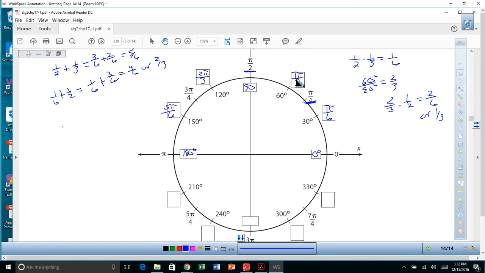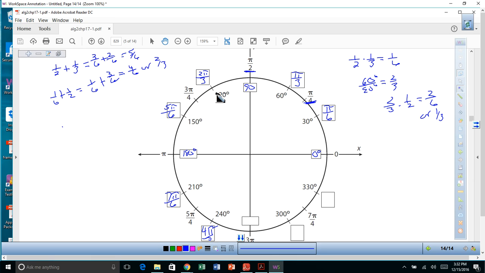So this is 5/6. That's 6/6. So that's going to make this 7 pi over 6, right? And that's going to be 5 pi over 4. And what is this over here going to be? That's going to be 4 pi over 3. That's directly opposite. So think of it, this is 1/3 of pi. If you add another pi, that's going to be 4 pi over 3. This is 2/3 of pi.